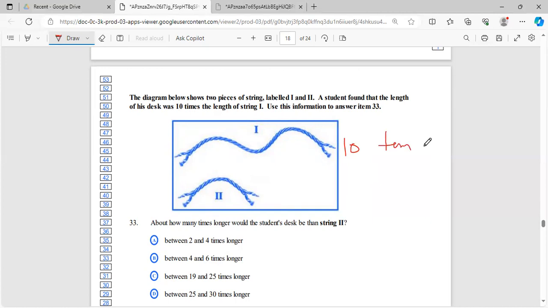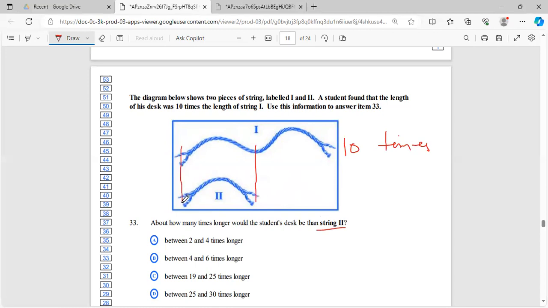Meaning 10 of this make up 1 of the text, right? That's what it actually says. About how many times longer would the student's text be than string 1? Alright, so we can conclude and say this is about half of this, right?